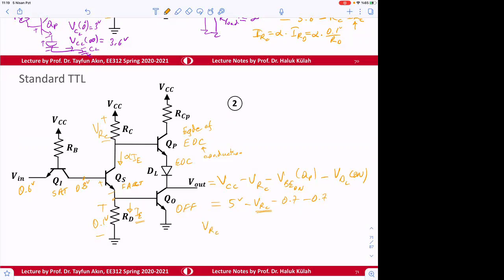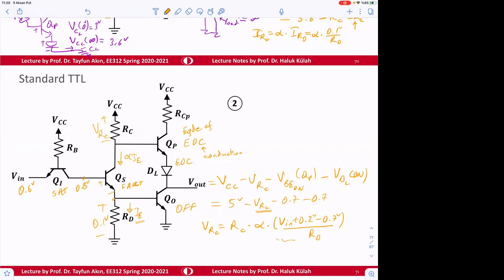So VRC will be equal to RC times alpha times IE. How can we find IE? That is V in plus 0.2 volt minus 0.7 volt divided by RD.